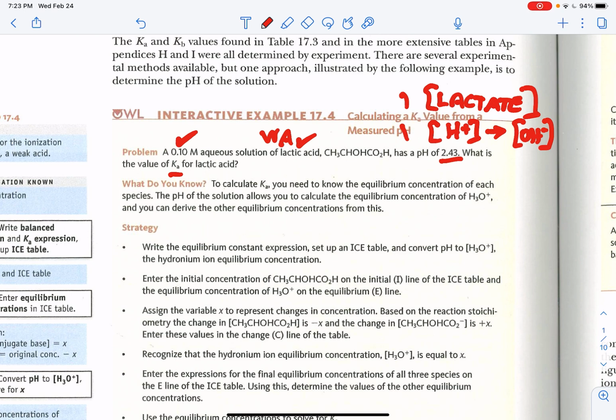So you actually know 4 different things. You know the pH because it's given, but you also know hydronium molarity, hydroxide molarity, and the lactate ion molarity. Keep that in mind as we go through this problem.